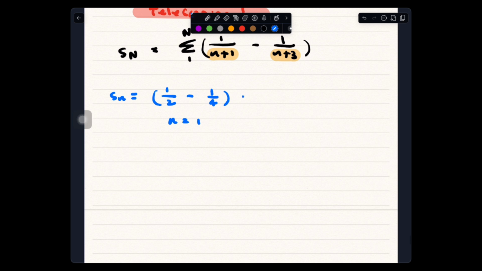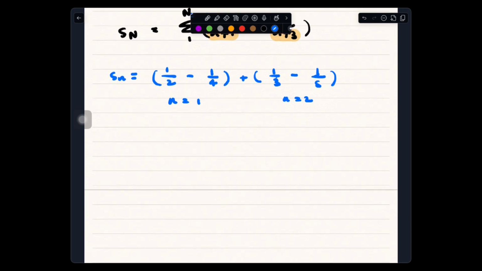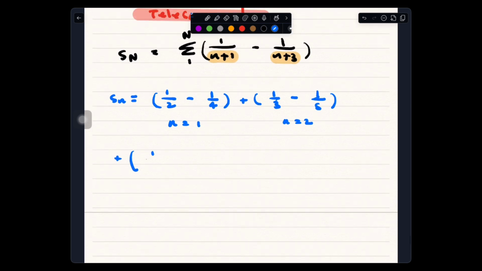That's when n is 1. And then when n equals 2, 1/3 minus what? 1/5 when n is 2. Plus, now n is 3: 1/4 minus what? 1/6. That's when n is 3.